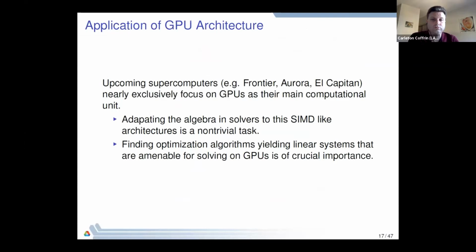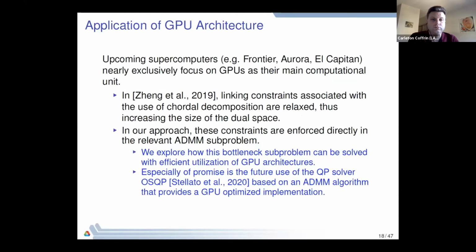The algorithm that we use needs to be formulated in a certain way that meets the restrictions of GPU architecture. Of special promise is the use of OSQP, so that interfaces well within GPU architecture.